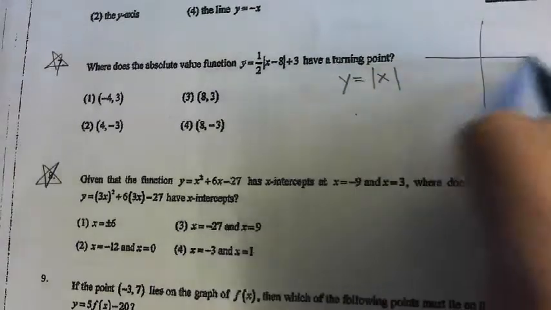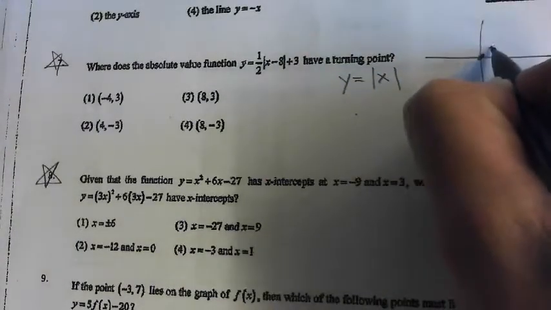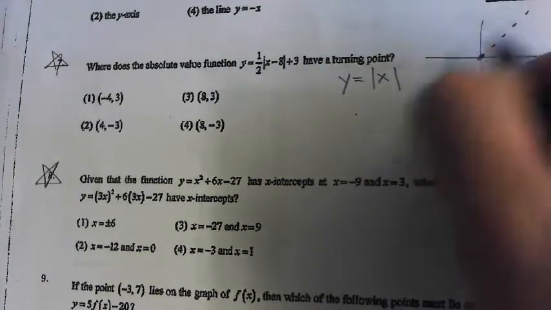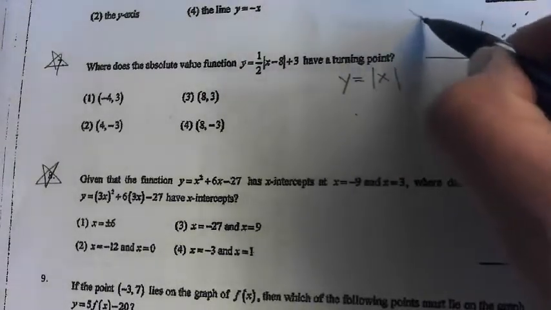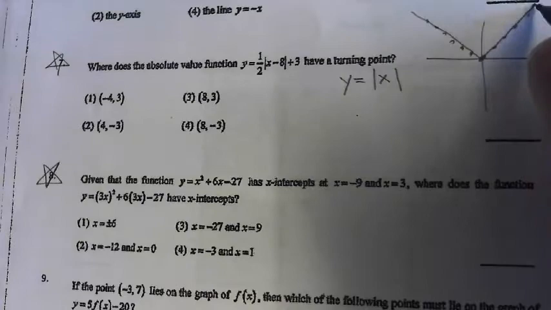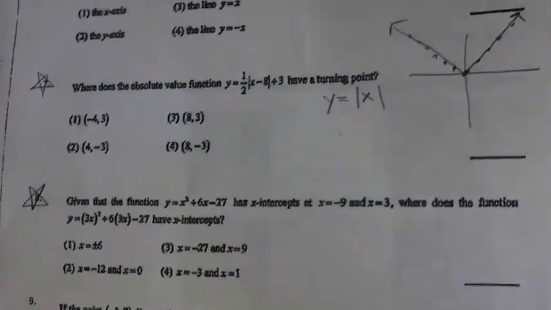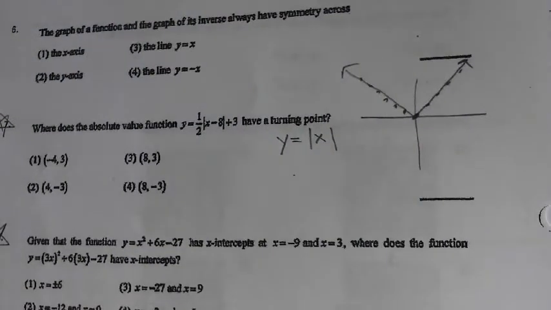So if you kind of sketch that, it's that perfect diagonal line on either side.